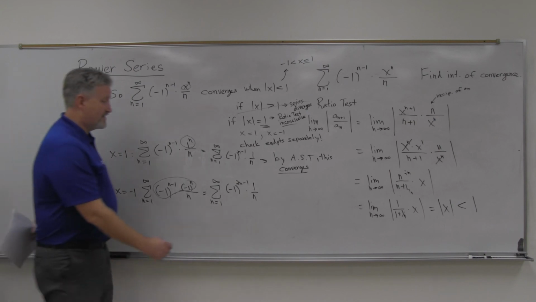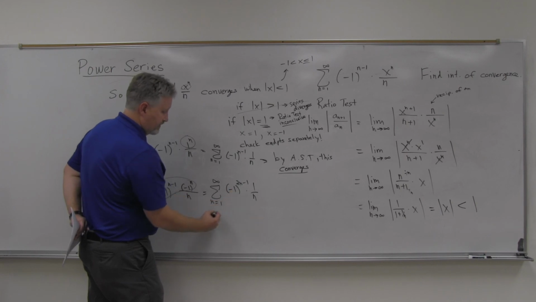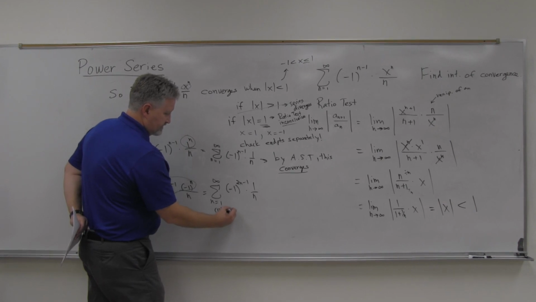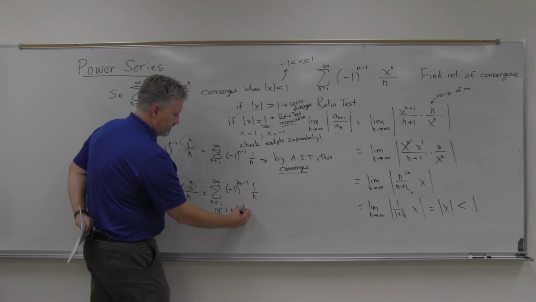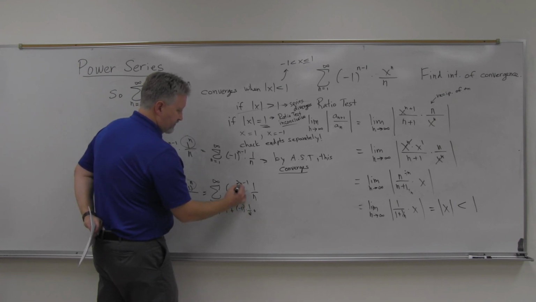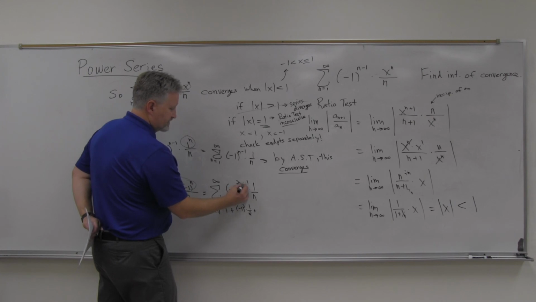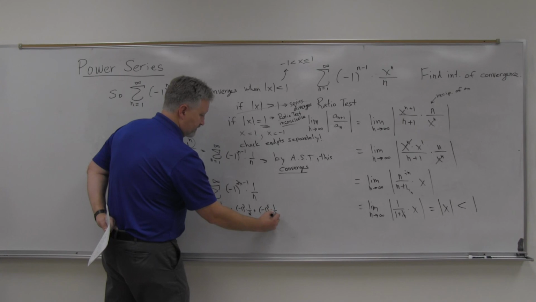But it turns out, if you look at a few terms, n equals 1, we'd have negative 1 to the negative 1 times 1. Then the second term would be negative 1 to the third times 1/2. And then the third term would be negative 1 to the fifth times 1/3.